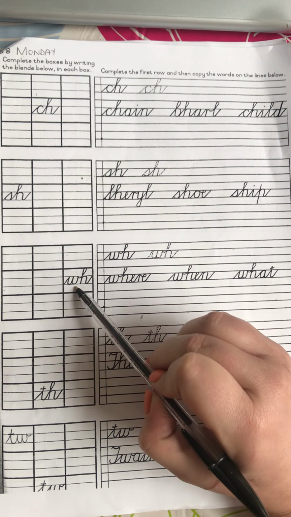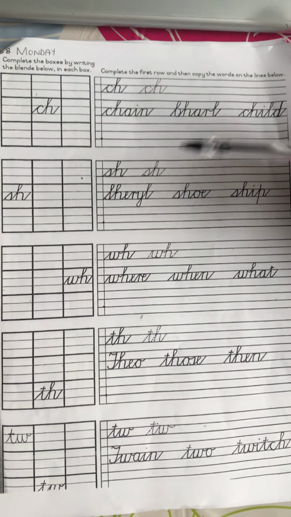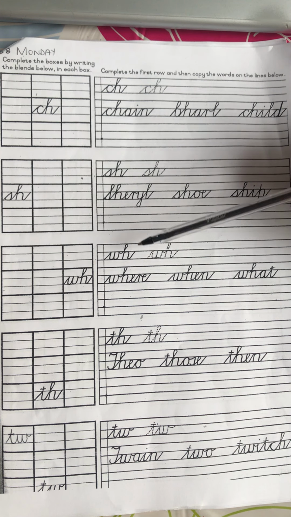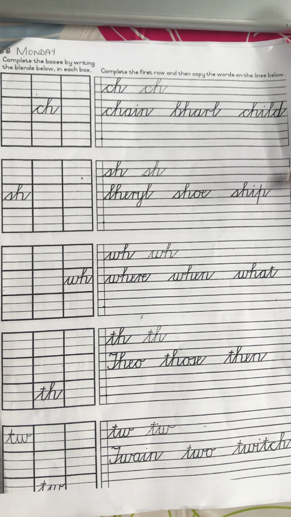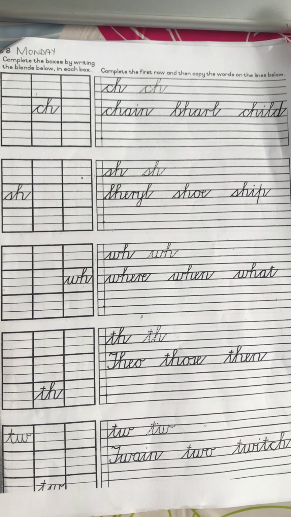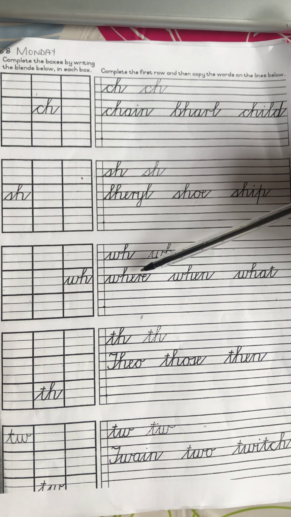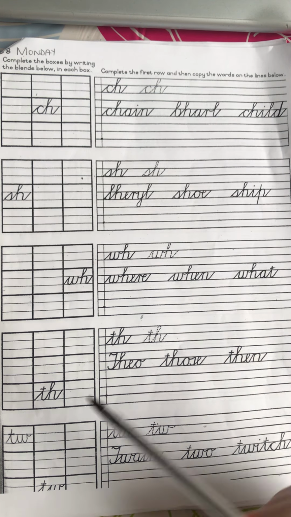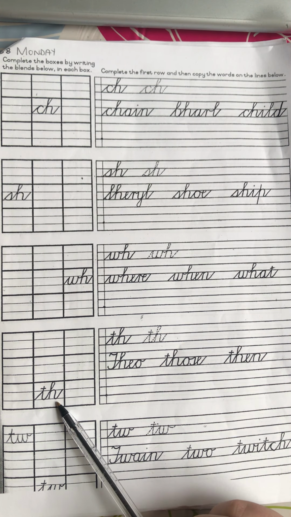The next block shows a W and a H. This is a W sound, okay? It stays exactly the same, we don't say it differently. Try to read these three by yourself quickly. Where, when, what. Good. Next one is a T and a H. That makes a F sound.